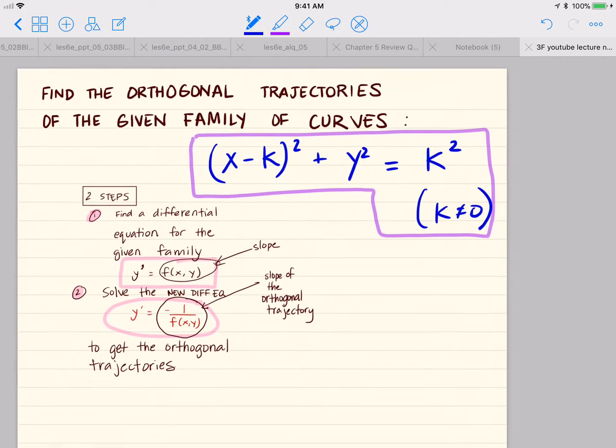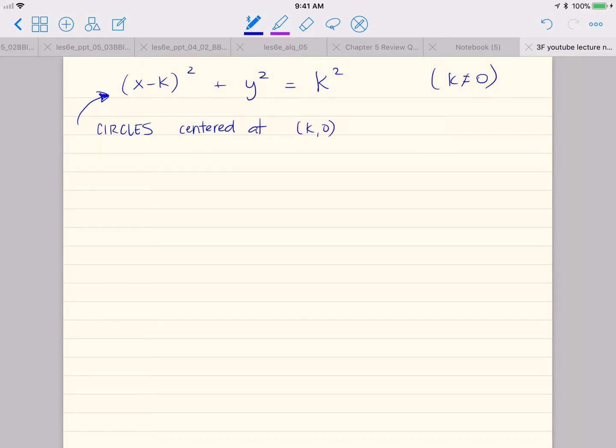So let's look at this. Our equation is (x minus k) squared plus y squared equals k squared, and we're told that k is not equal to 0. So these are circles with a center of k comma 0 and a radius of k.